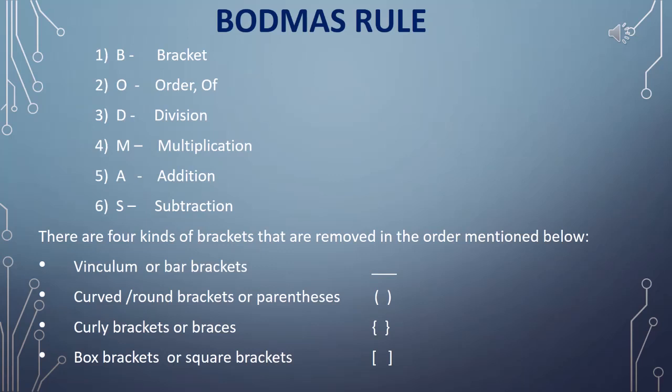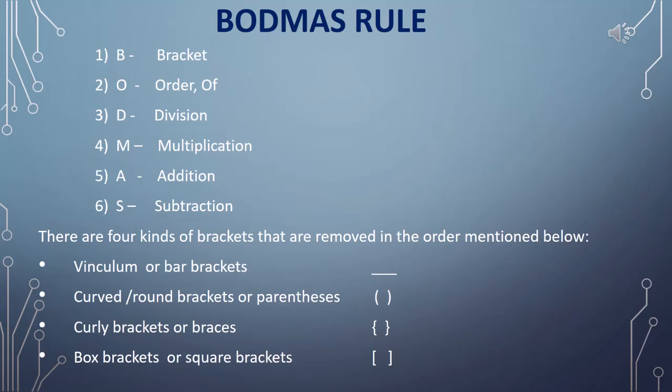So if problems involve brackets, of, division, multiplication, addition, and subtraction, then first work out brackets, then perform of, then division, after that multiplication, next addition, at the end subtraction. This is called the BODMAS rule.